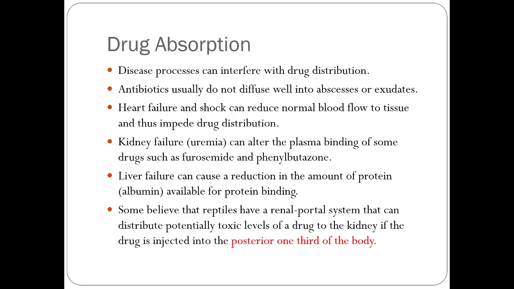Liver failure causes a reduction in the amount of protein or albumin that is available for protein binding, so that's going to leave more free drug to circulate through the plasma. Some believe that reptiles have a renal portal system that can distribute potentially toxic levels of a drug to the kidney if the drug is injected into the posterior third of the body. So we always want to give it in the pectoral muscles or in the arm muscles.